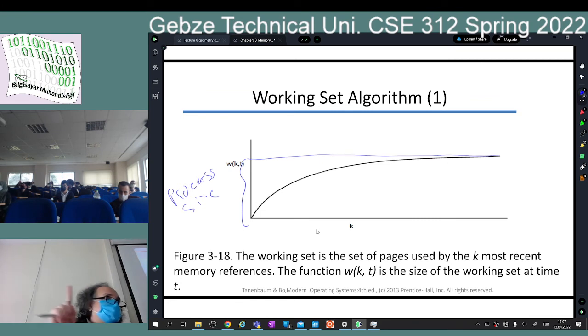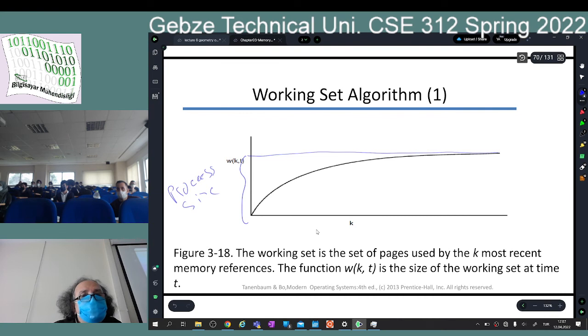If k is just 1, for the last reference, how many pages did I need? Of course, just 1. For k is 1, whatever t is, it is just 1. When k gets larger, of course, this number will get larger, and this is a monotonically increasing function, the working set function.